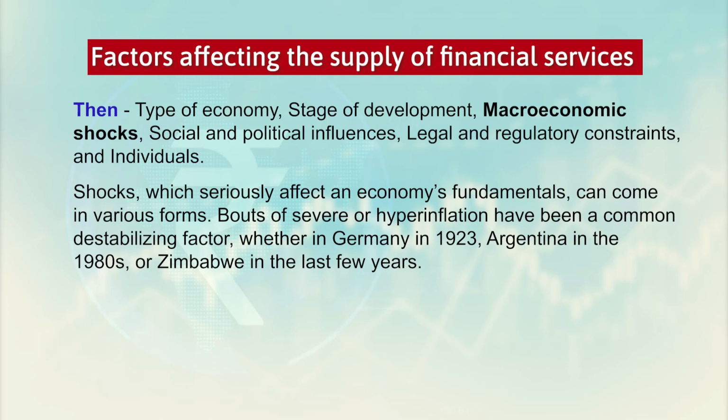Bouts of severe inflation or hyperinflation may be a very common destabilizing factor, whether in Germany in 1923, in Argentina in the 1980s, or in Zimbabwe in the last few years. Wars and war financing can greatly affect financial stability, and for years afterwards they really affect the ability of the institutions to intermediate due to the constraints put on their balance sheets.